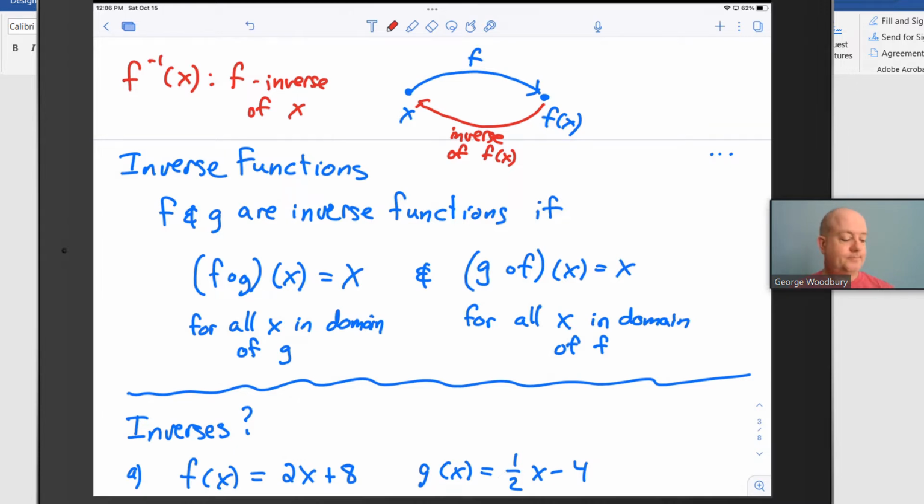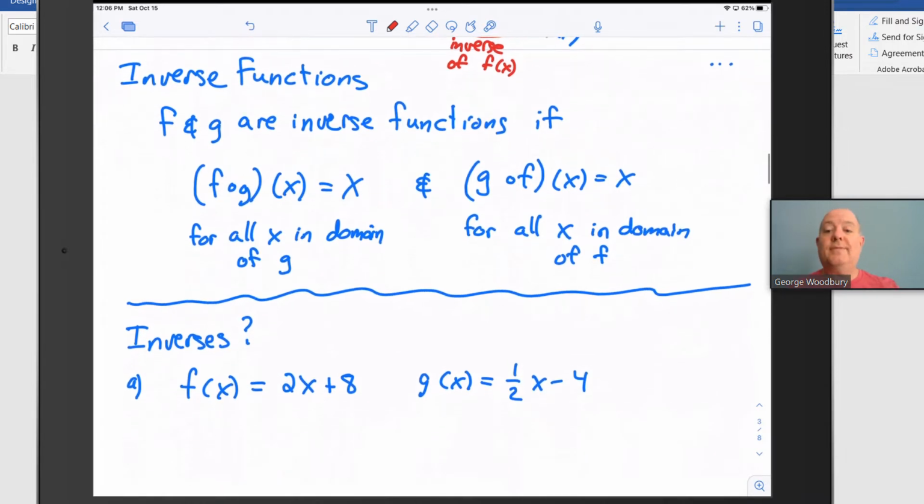domain of that function. So the definition, f and g are inverse functions if this first condition, f composed with g of x is equal to x, and the second condition, g composed with f of x is also equal to x for all x in the domain of the inner function.